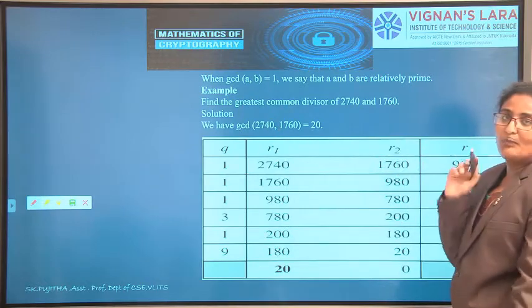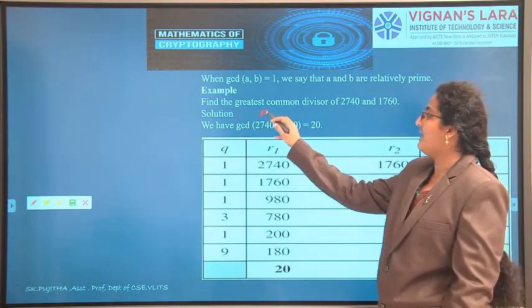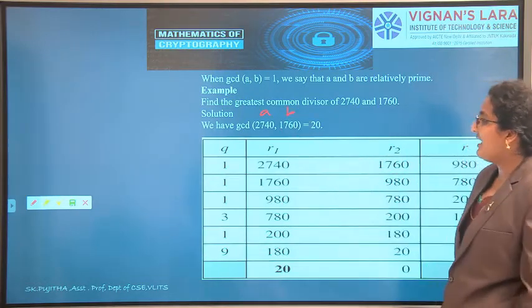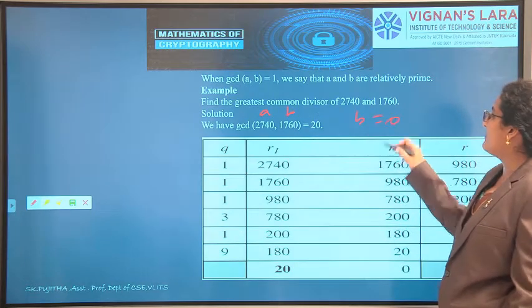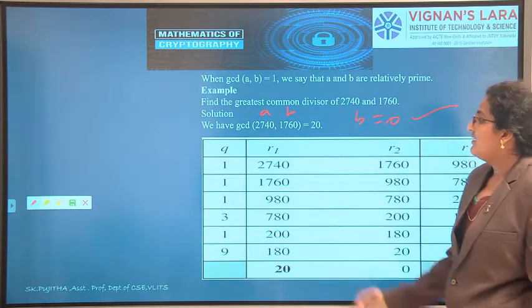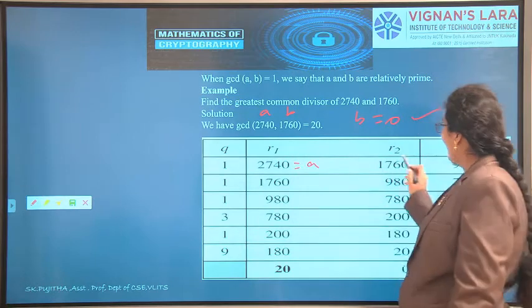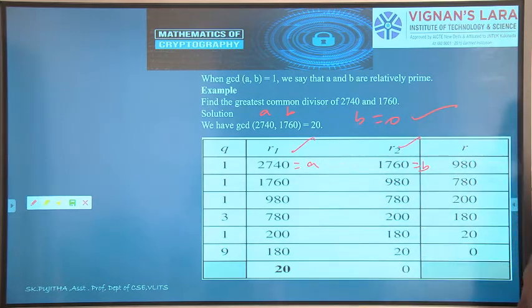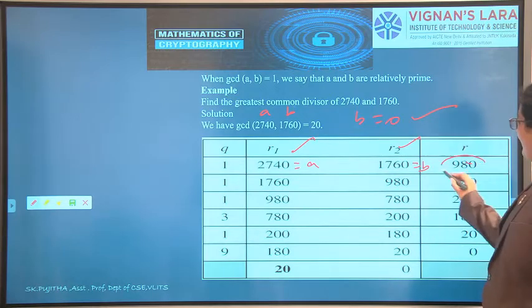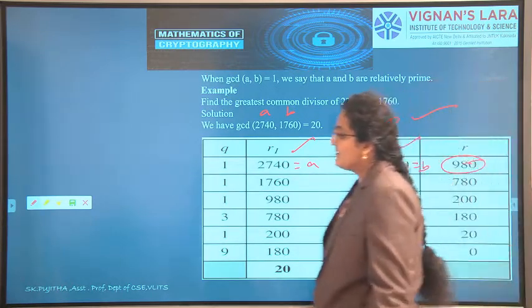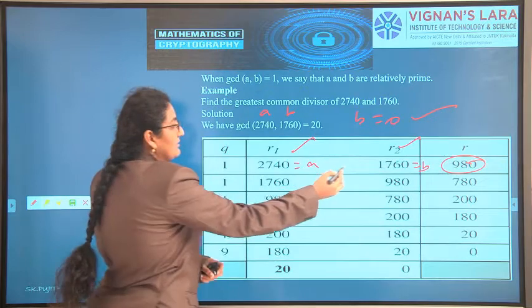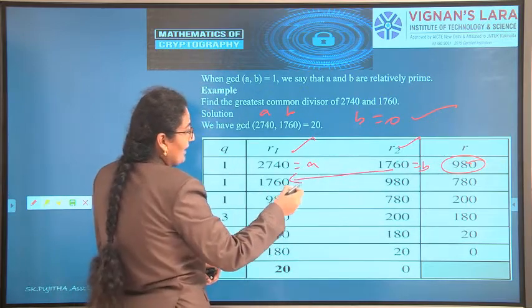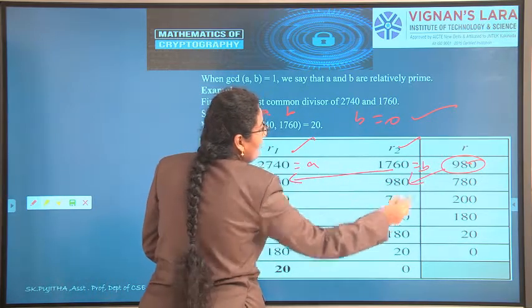So, two positive large integers we have taken, A and B. First condition is B should not be 0. Yes, achieved. So, we have initialized the A, B values to R1, R2. By performing division for R1 and R2, we have got remainder R. So, this R2 value should be given to R1, R value should be given to R2.